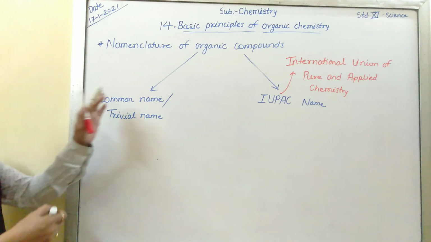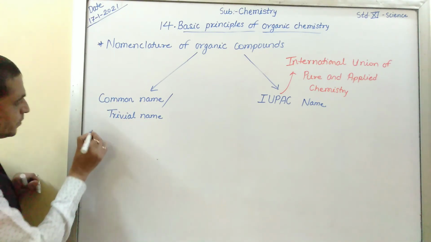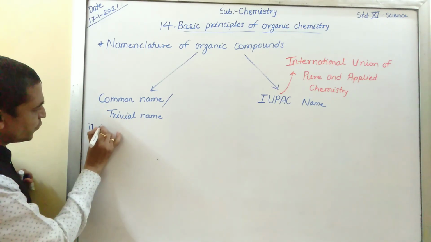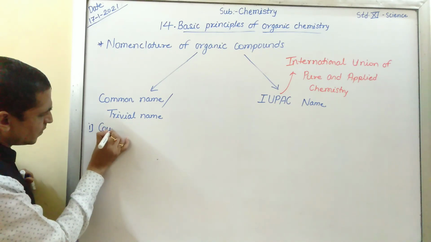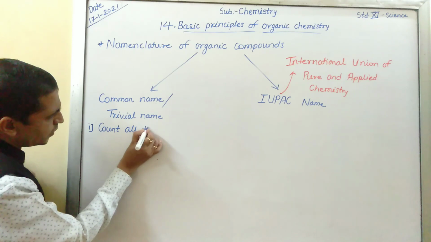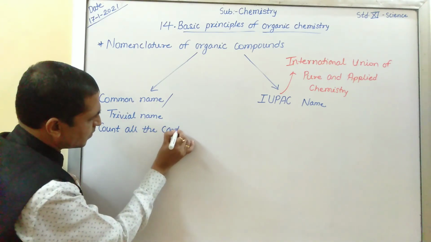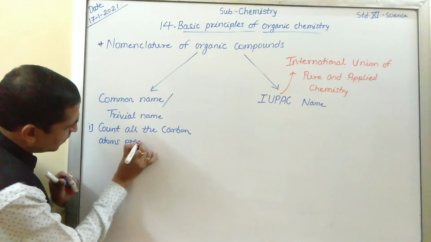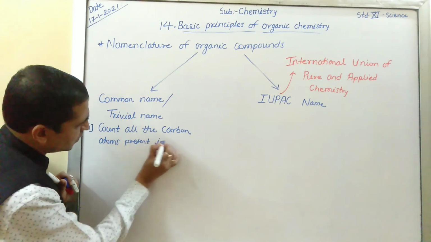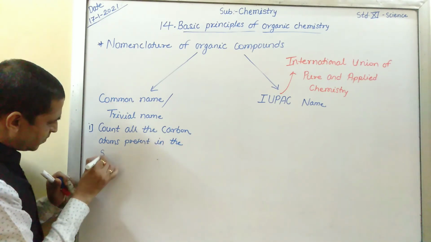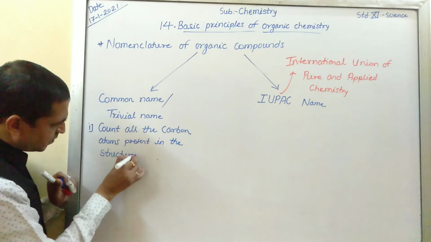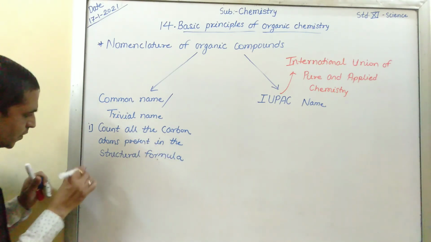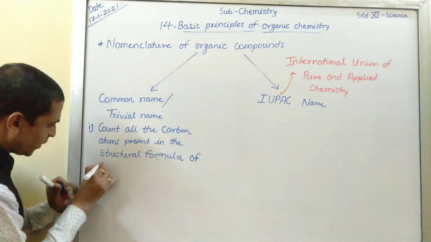Now, try to understand the difference between common name and IUPAC name. First point is, in common name system, we have to count all the carbon atoms present in the structure formula of organic compounds.